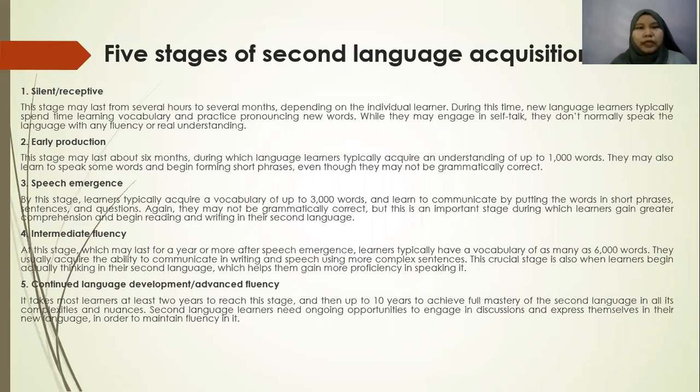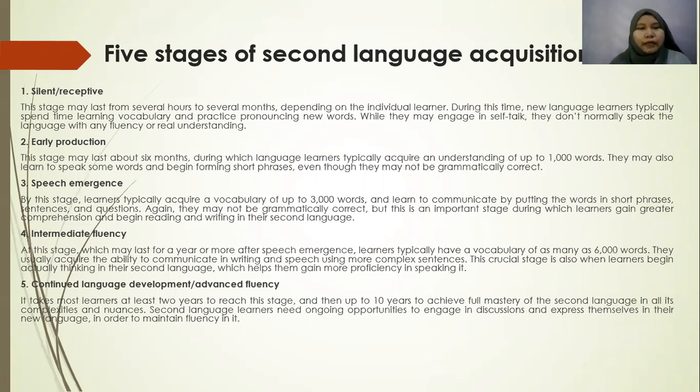In this stage, learners typically acquire a vocabulary of up to 3,000 words and learn to communicate by putting the words in short phrases, sentences, and questions. Again, they may not be grammatically correct, but this is an important stage during which learners gain greater comprehension and begin reading and writing in their second language.